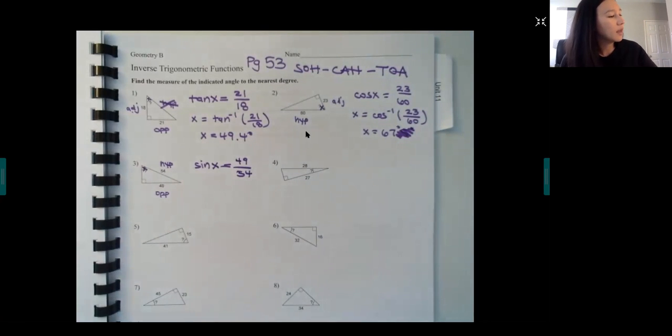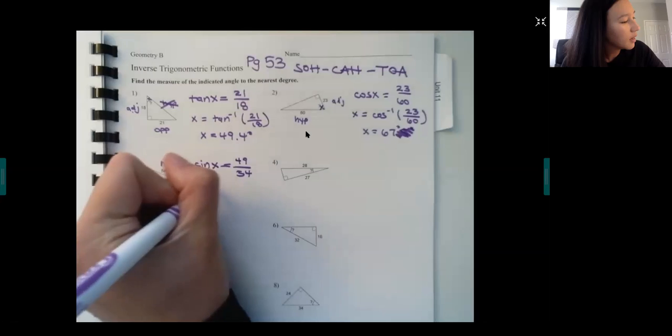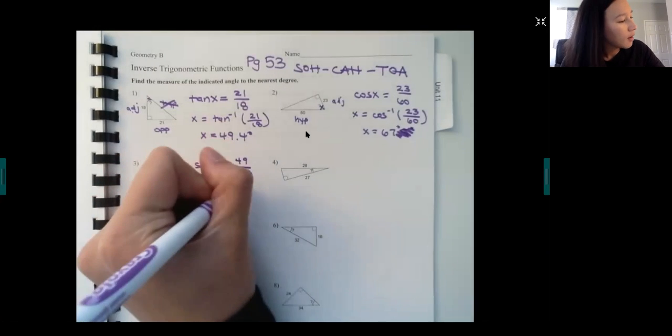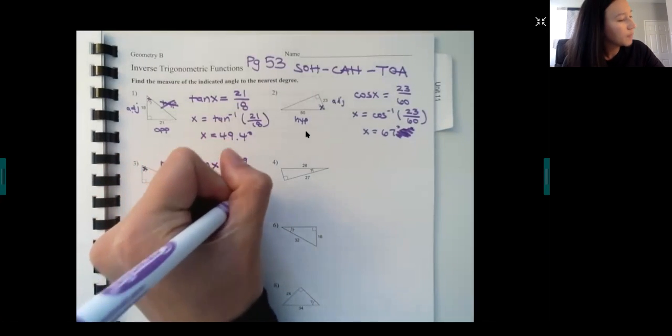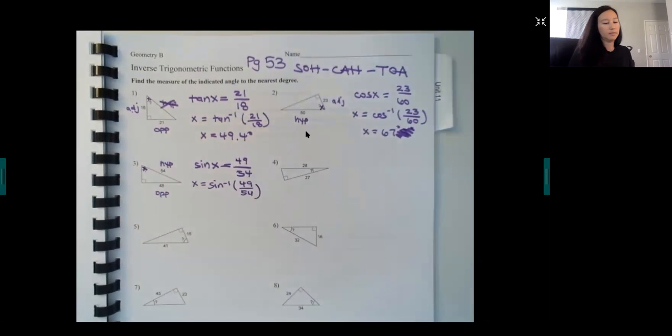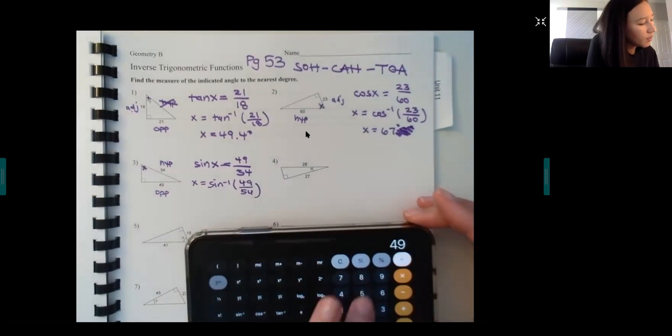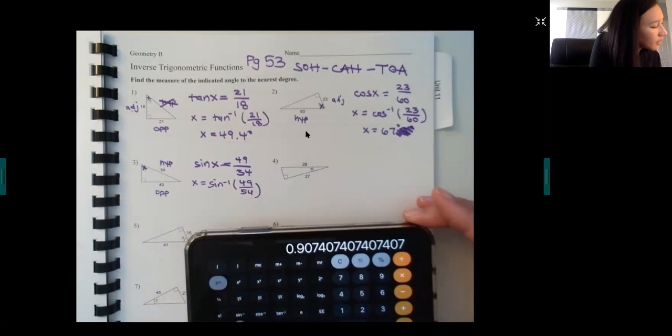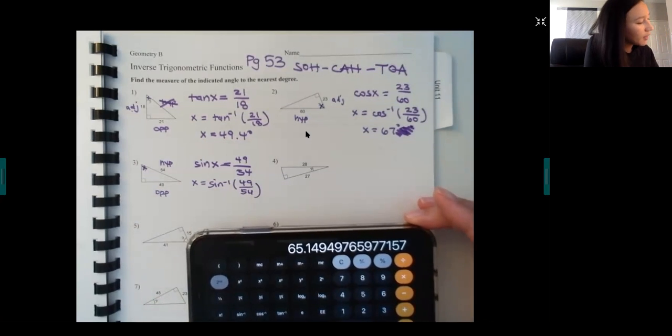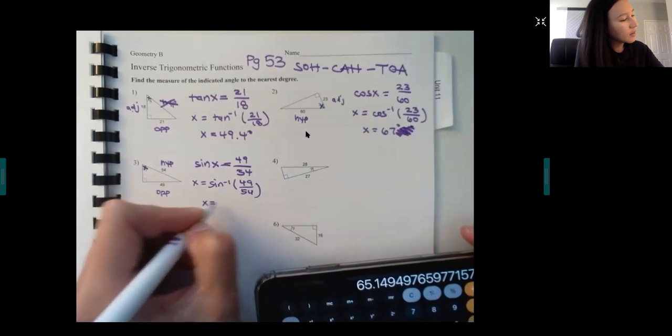So then we take the inverse of sine and 49 over 54. So we'll do 49 over 54 and take the inverse sine of that, and that is 65 degrees.